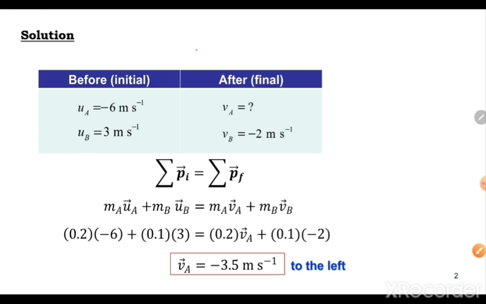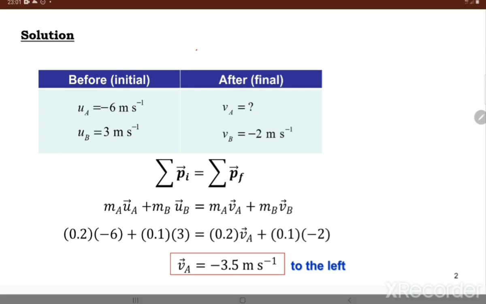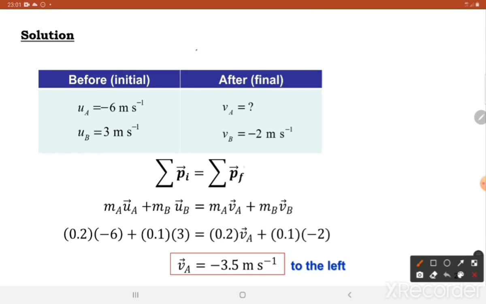So by applying the principle of conservation of linear momentum, which is total P initial is equal to total P final, you expand that principle, which is MAUA plus MBUB is equal to MAVA plus MBVB.